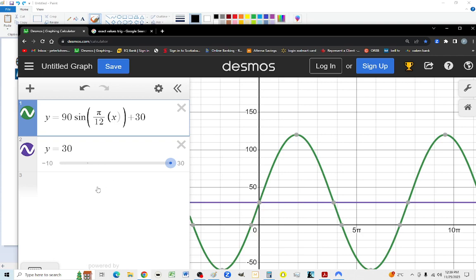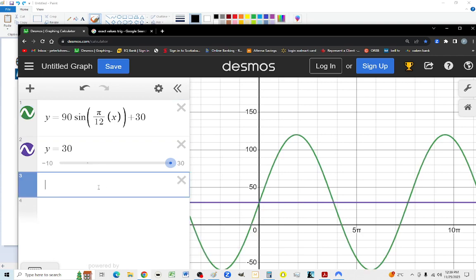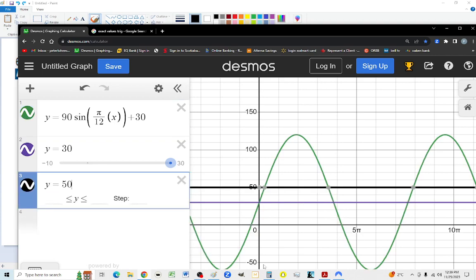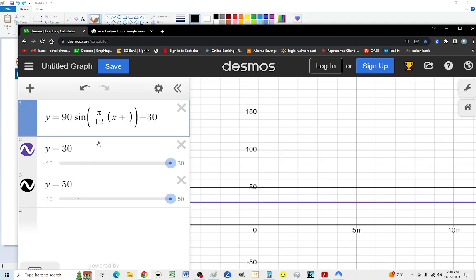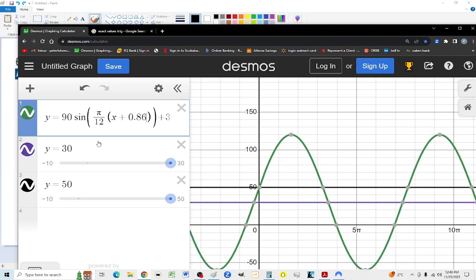Let's find Y is equal to 50. We'd have to subtract whatever that X value is, 0.856. So we'd have to shift left. So that's if you wanted to start it at 50 degrees, roughly.